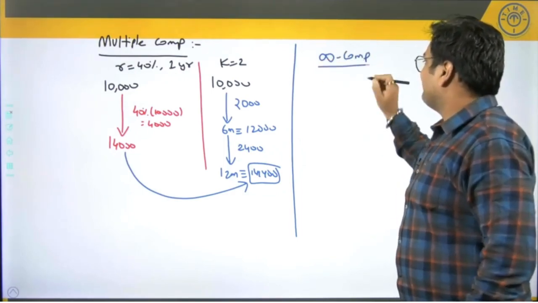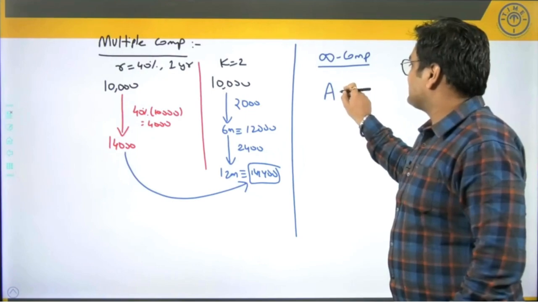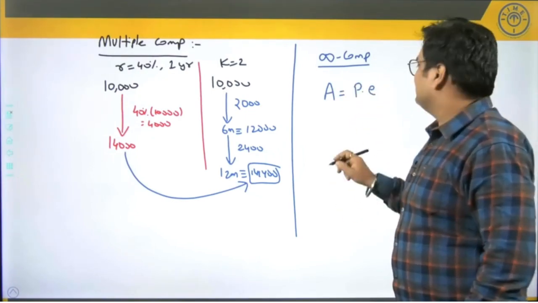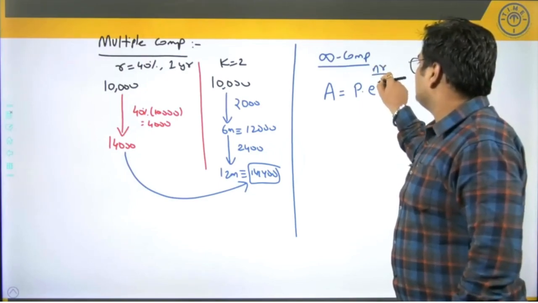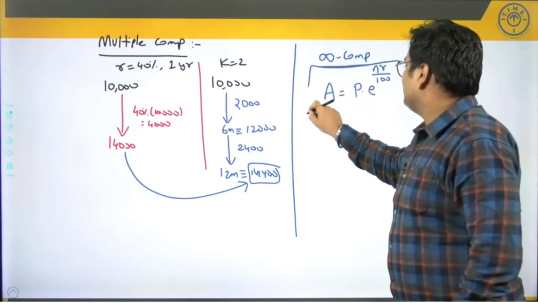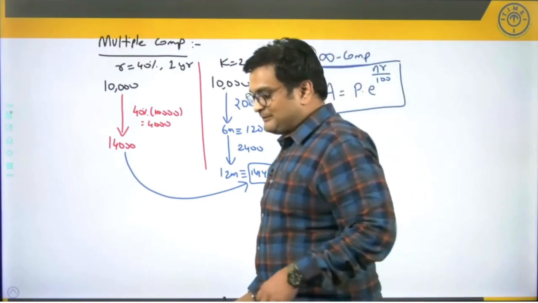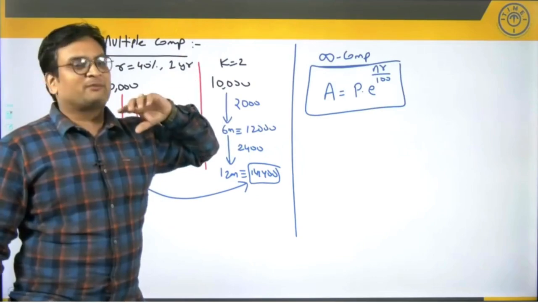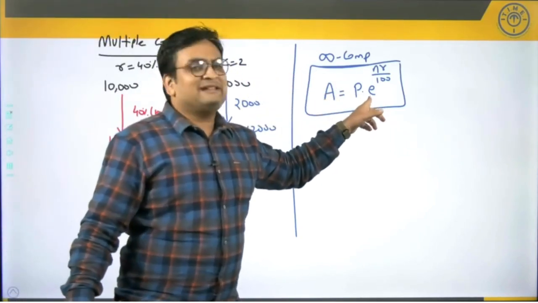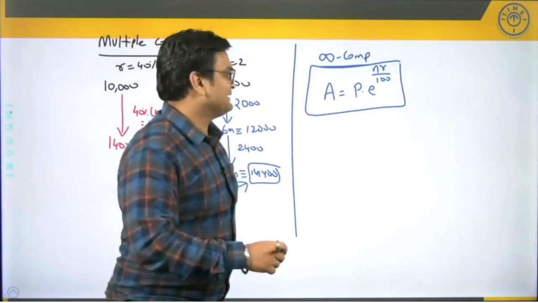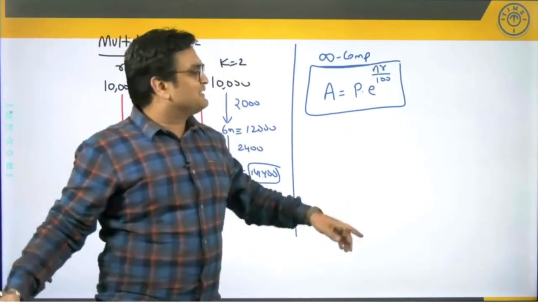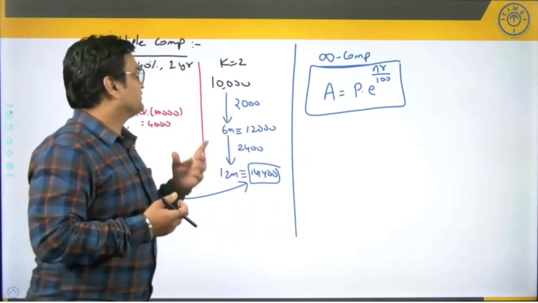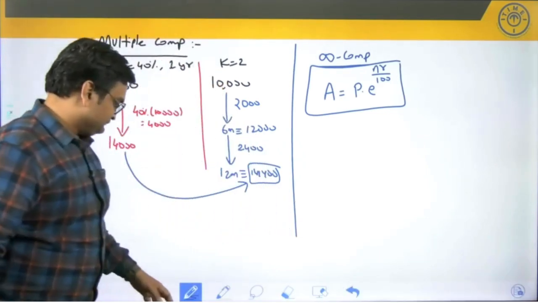In the case of infinite compounding, the final amount is given as principal P into constant e to the power n into R by 100. If in your CAT examination you come across a question involving infinite compounding, this is the formula we should remember. P is the principal, e is a constant value, 2.718, n is the number of years, and R is the rate of interest. This will give you the final amount. So this is a little bit about the concept of multiple compounding.